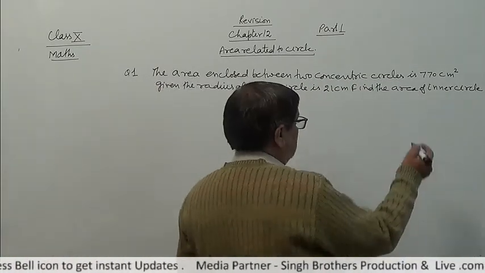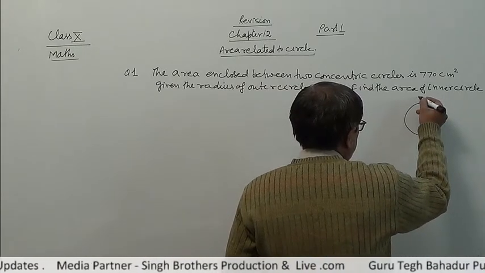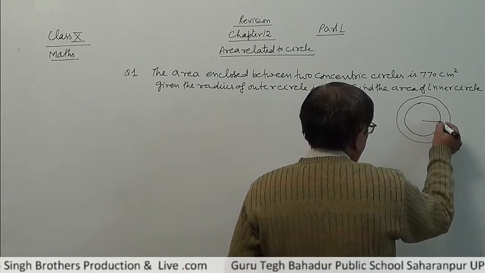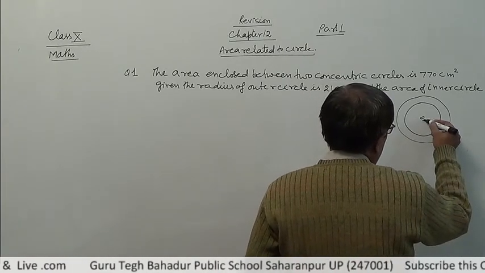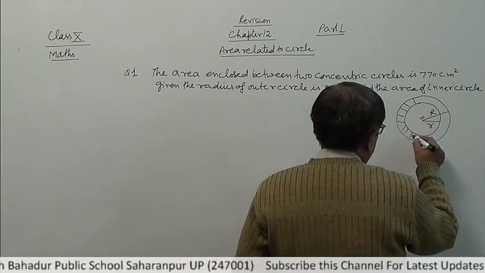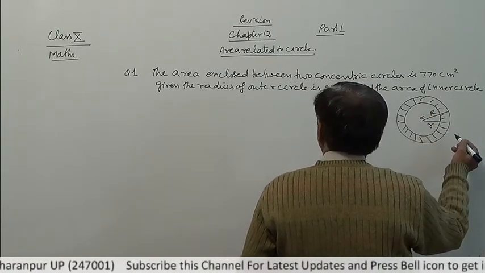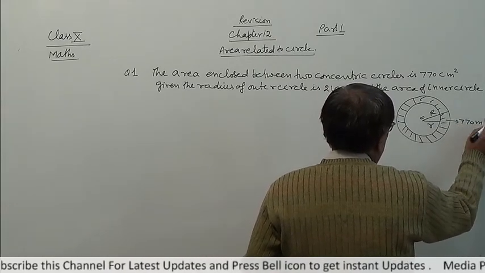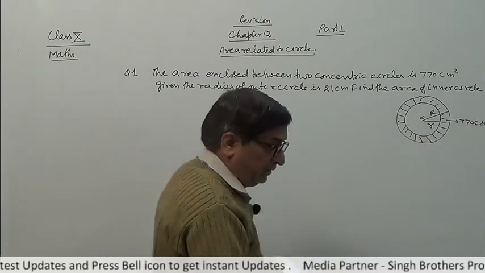So these are the two concentric circles. The center is O, inner radius is small r, outer radius is capital R. This area given to you is 770 centimeter square. Now find out the inner radius.